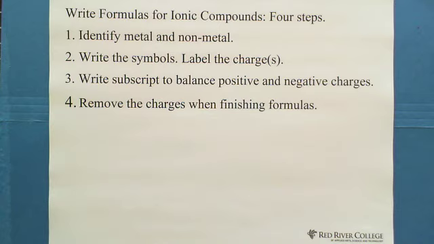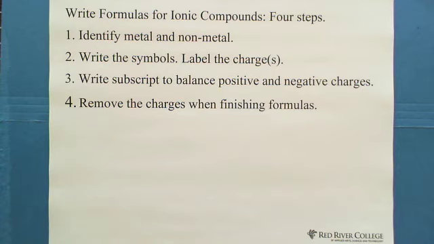And 3, write the subscripts to balance positive and negative charges. The reason is that a compound is neutral. So the total positive charge has to be equal to the total negative charge, so that they cancel out each other.